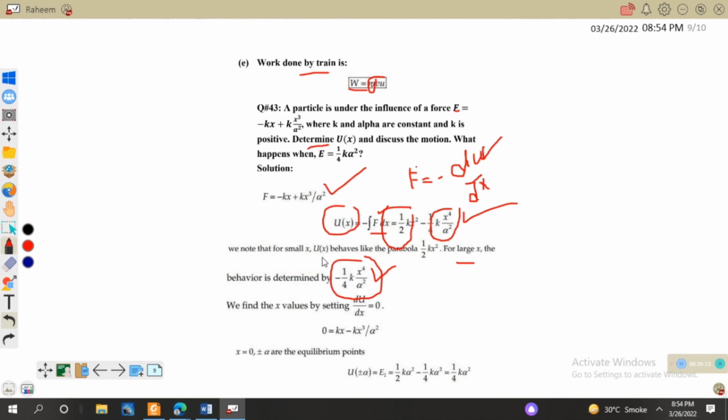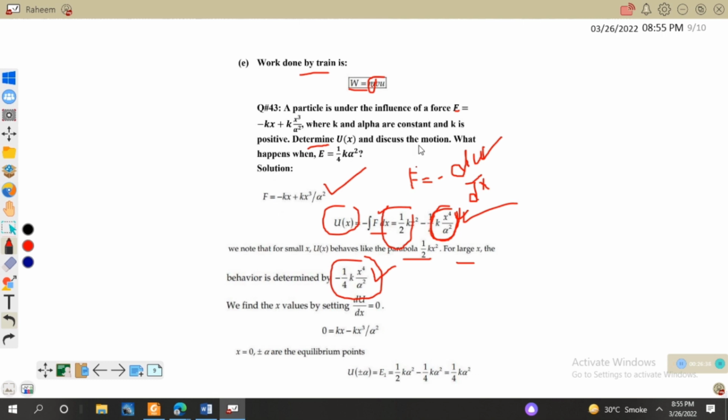For smaller values of x, our term will be like a parabola, and for higher values of x, this will be like a hyperbola. So minus k over 4 x^4 over alpha square will be the determining factor which determines the shape of that path.